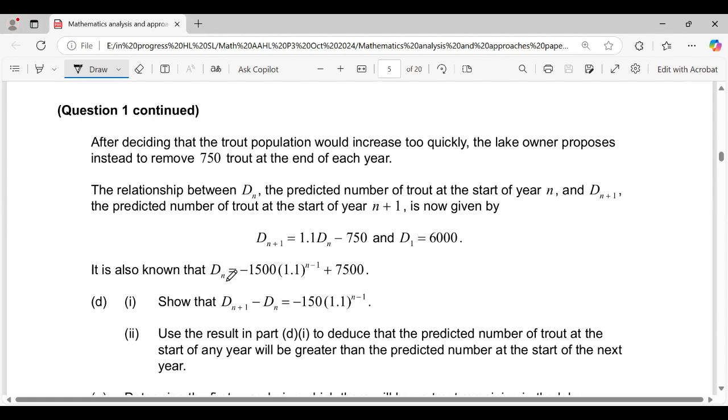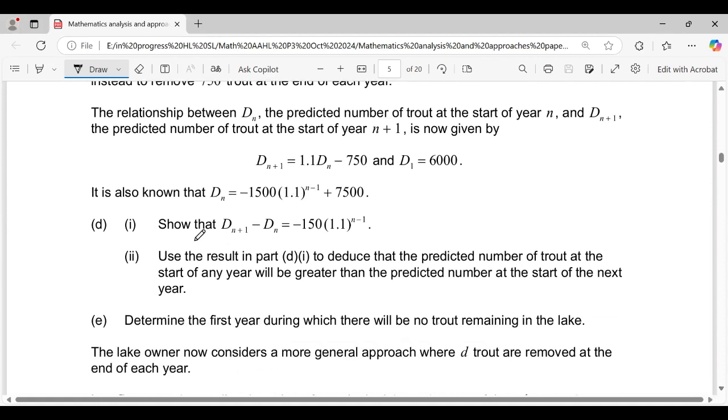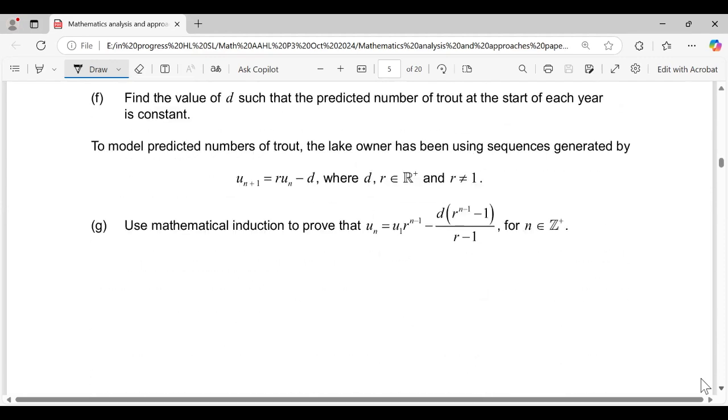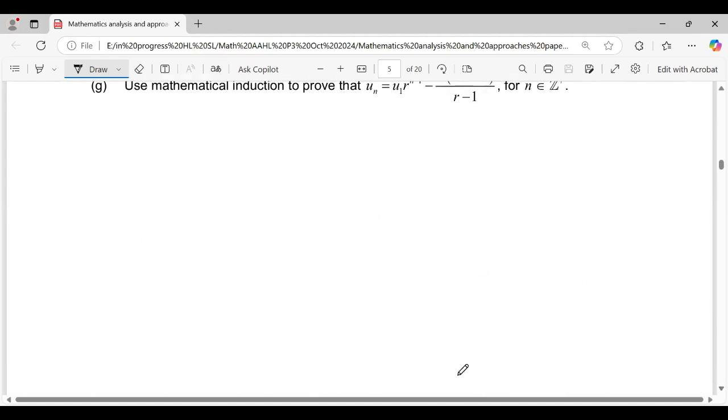It's also known that Tn equals minus 1,500 times 1.1 to the power n minus 1, plus 7,500. Show that Tn plus 1 minus Tn equals minus 150 times 1.1 to the power n minus 1.